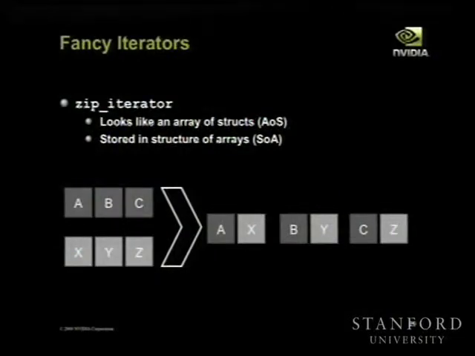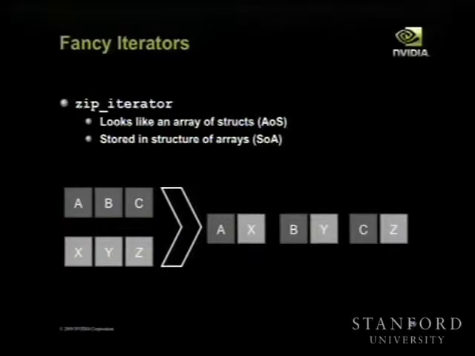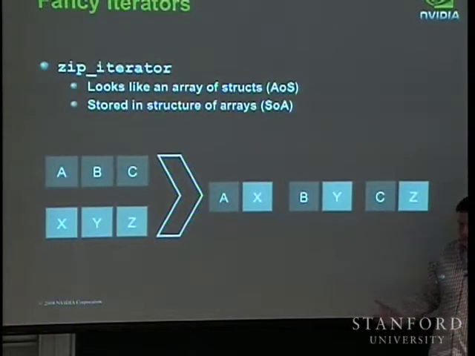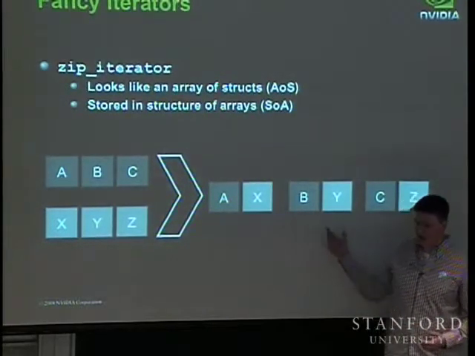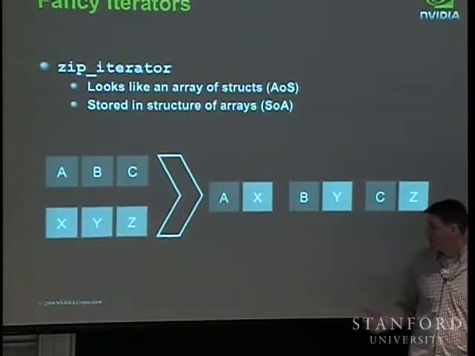Okay, so the last iterator I'll talk about today is the zip iterator. And this is probably the most useful one, although it's a bit weird to work with. It allows us to take multiple sequences. So in this case, I have 2 sequences, A, B, C, and X, Y, Z, and zip them together. And that means I take 2 or more sequences, and I generate a sequence of tuples. So if I had 3 sequences, I would have tuples with 3 elements, or 4 sequences, tuples with 4 elements.